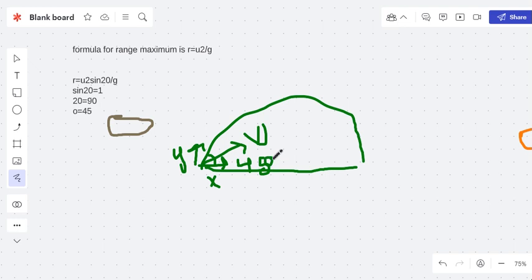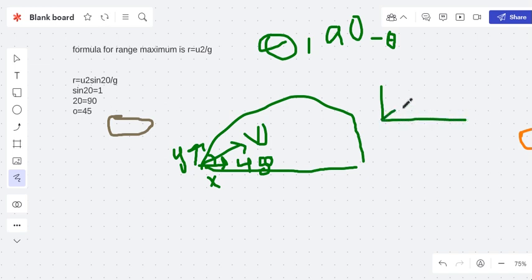And ahead of this, we read one point that the range is same for the complementary angle as well. It means that for the angles theta and 90 minus theta, the range is same. For example, if we project a body at 30 degree, then I project a body at 60 degree, and their velocities are same.